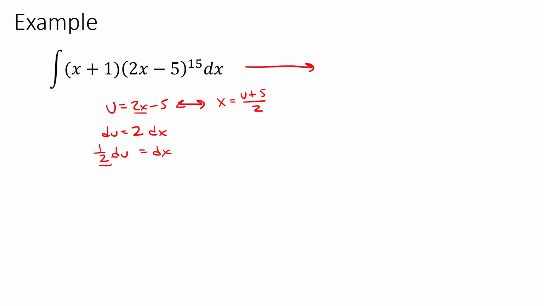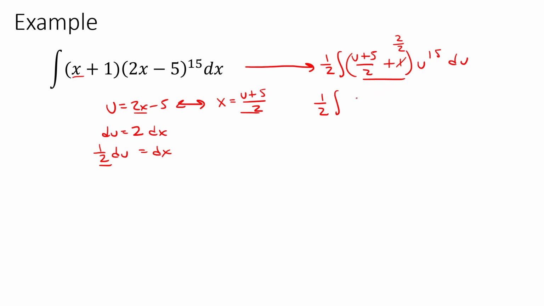Okay, we're going to set that up now. I'm going to pull the 1/2 in front. I'm going to put in where there was an x, I'm going to replace it with this. And then this just becomes u to the 15th, and that becomes du. All right, now we're going to clean up. So first of all, I'm going to combine these by remembering that 1 is really just 2 over 2.